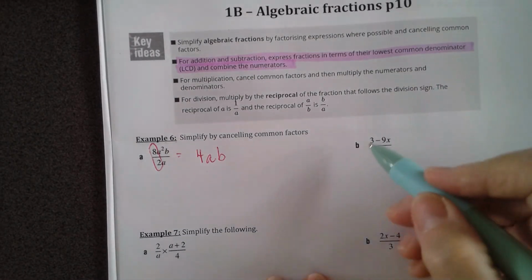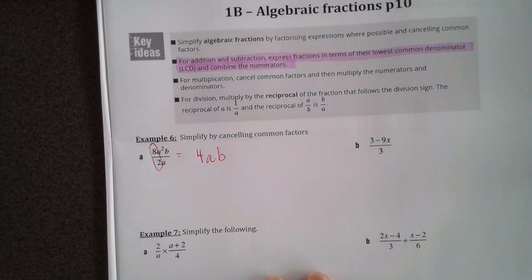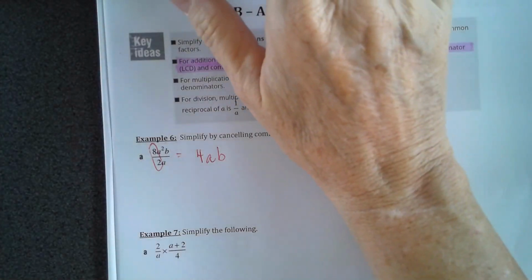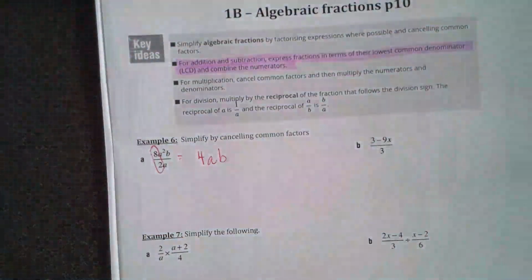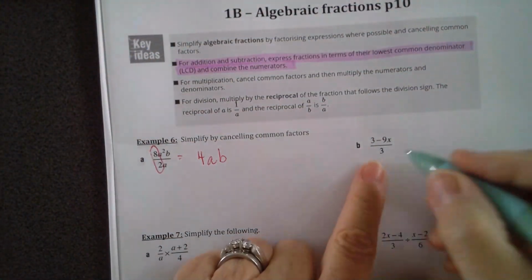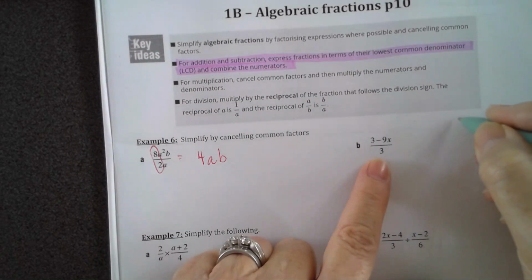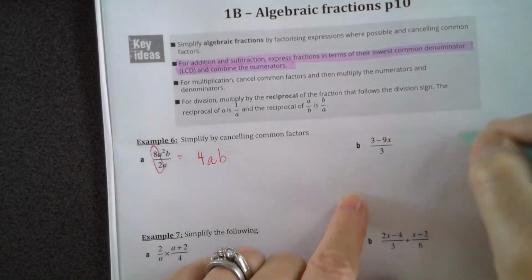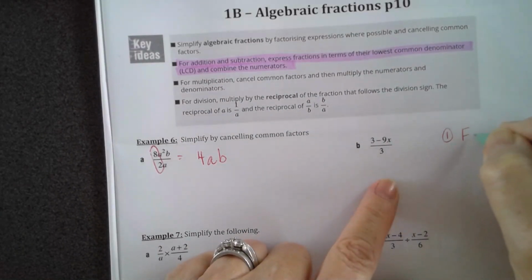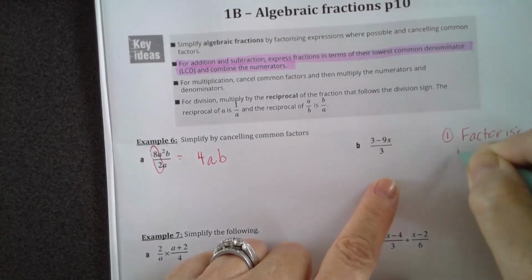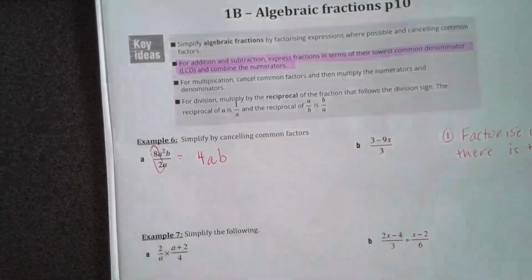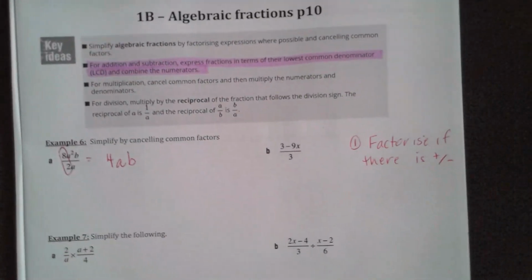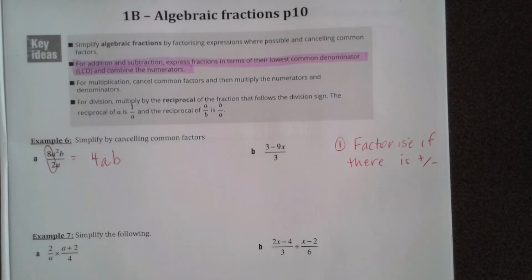Can I cross these 3's out? I cannot. So I need to factorize the top. I'm going to write myself a little note: factorize first. If I have a plus or minus in a problem, I want to factorize it first.